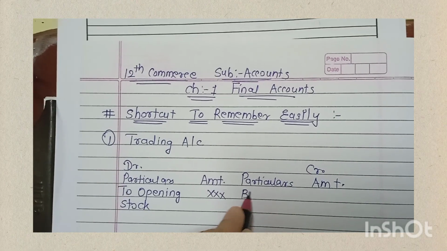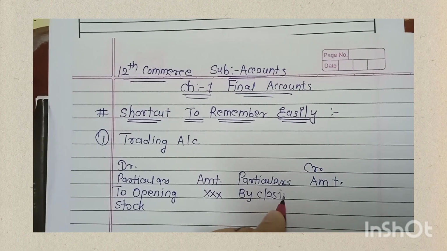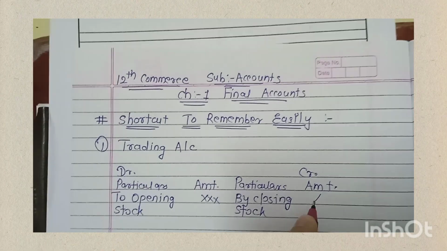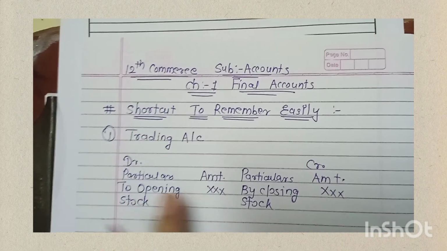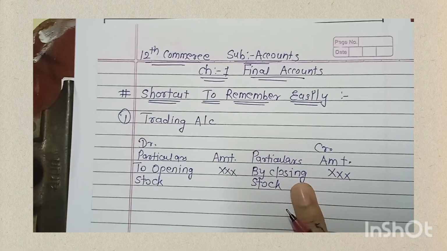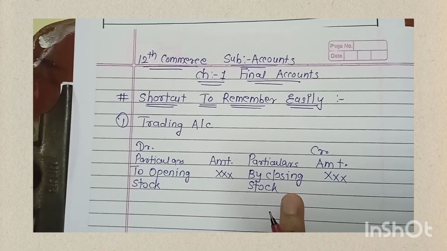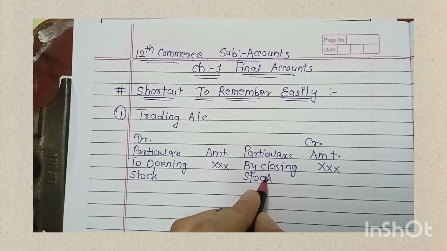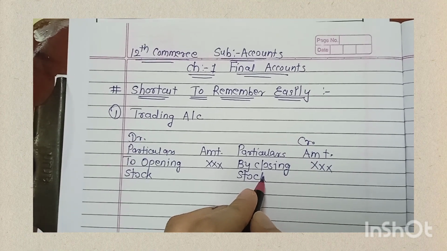We also know on the credit side it is closing stock with some amount. I'm writing them simultaneously, opening stock here and closing stock here, because it is easy to remember. This is given below the trial balance.